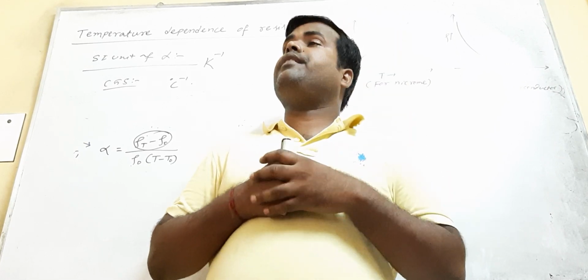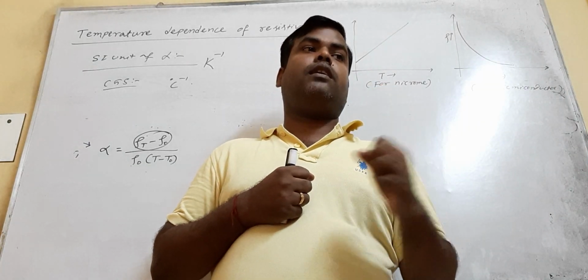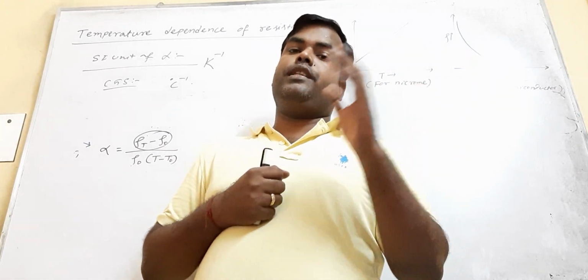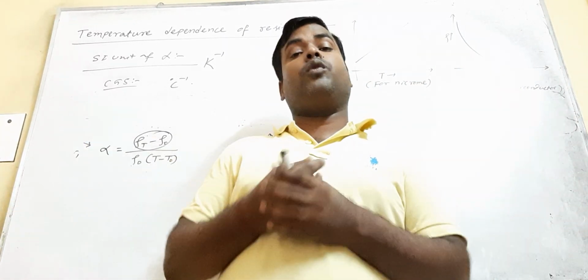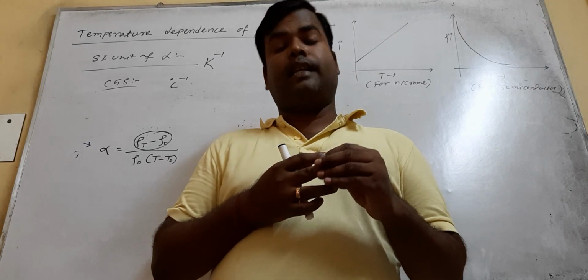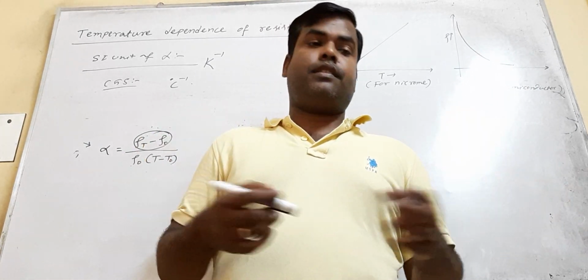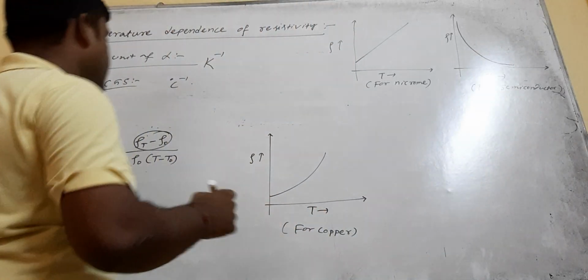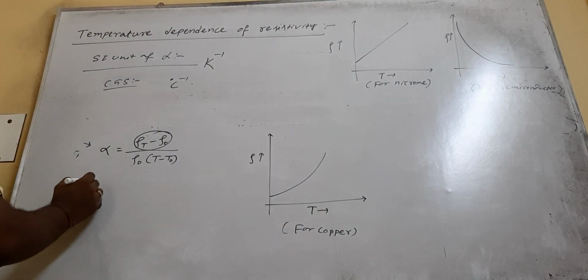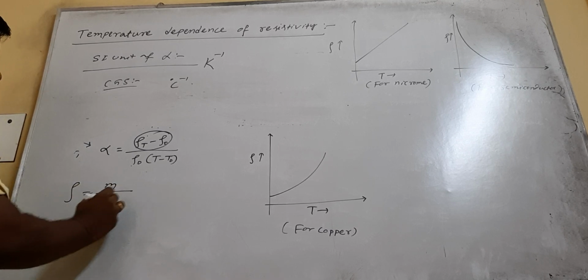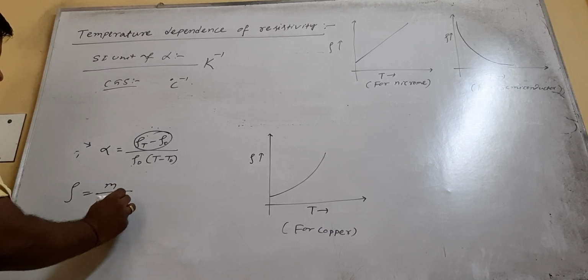So remember, in a conductor the resistance is due to the collisions. More is the number of collisions, more is the resistance. So let us write the expression of resistivity: rho is equal to m by n e square tau.